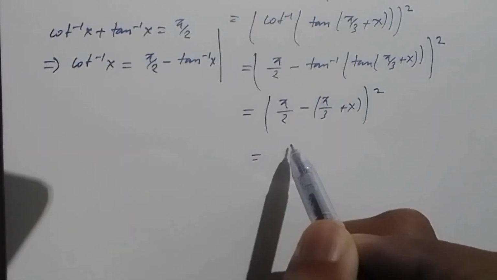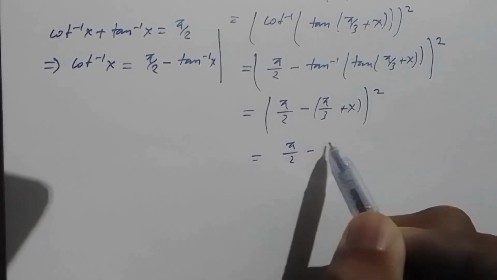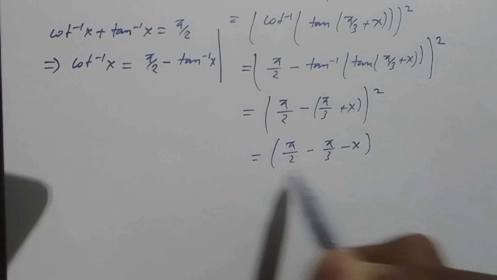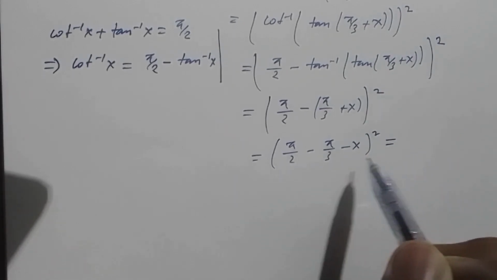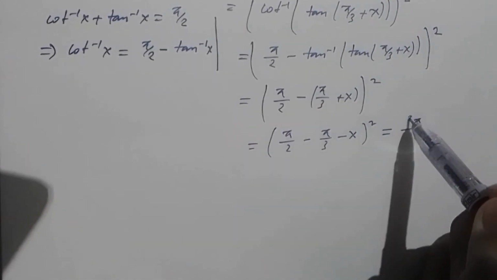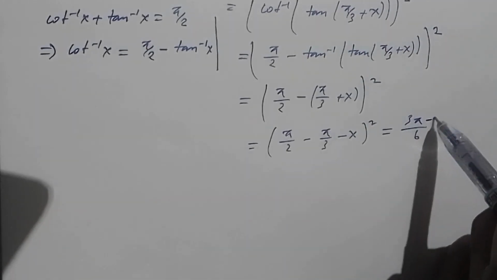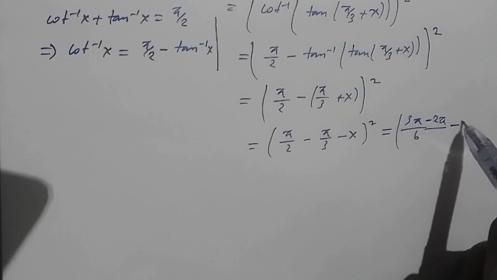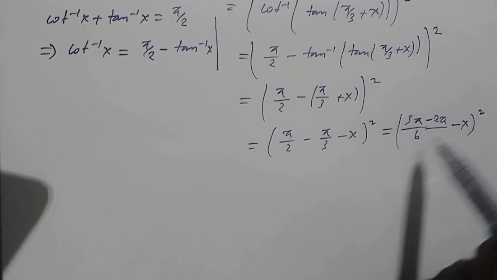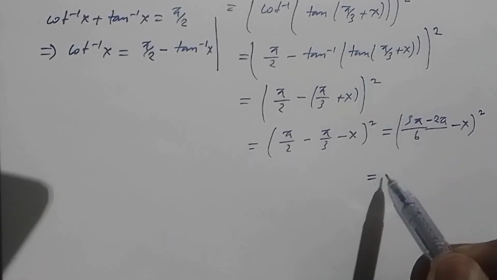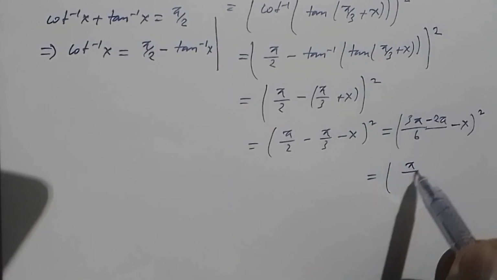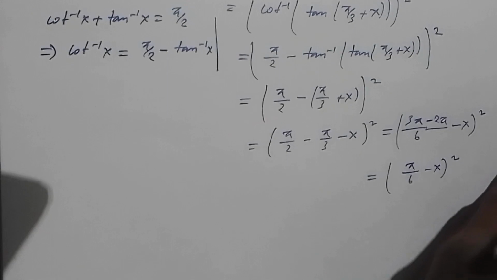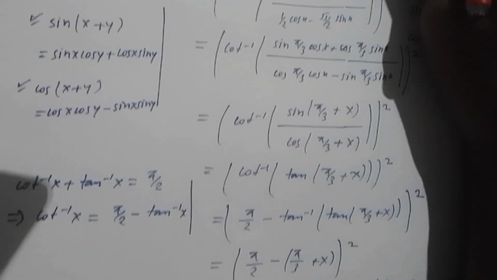That is equal to (pi by 2 minus pi by 3 minus x) whole square, which is equal to (pi by 6 minus x) whole square. So this is the simplified form of the function.